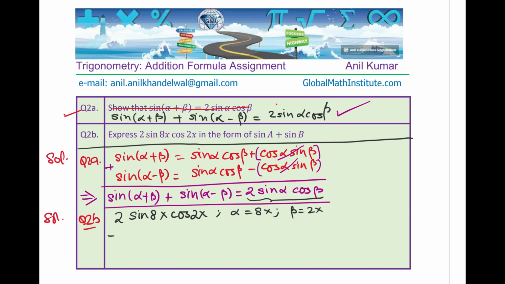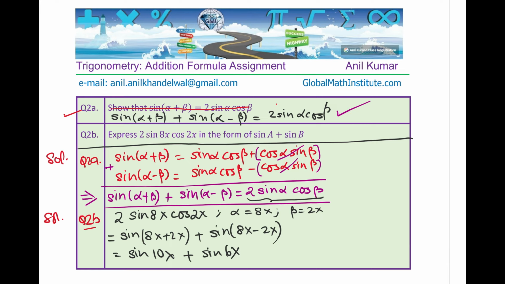So we can say this is equal to sine of the sum of these two, which is 8x plus 2x, plus sine of 8x minus 2x. You get the idea. So that is sine of 10x plus sine of 6x. So that is what the result is.